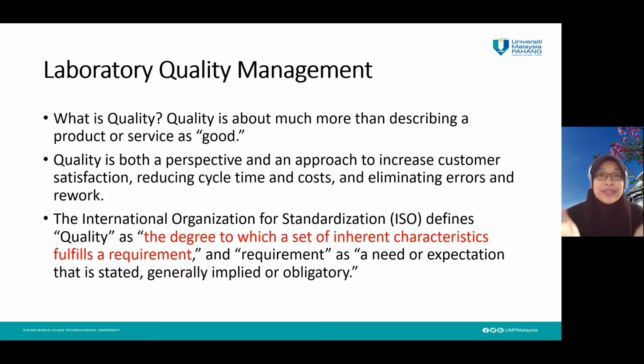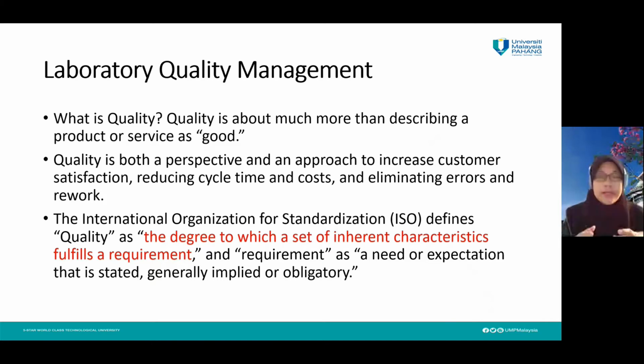And if we talk about service, contoh front desk kan, biasa kita pergi hotel ke, kita pergi mana-mana company akan ada front desk. Contoh saya bagi contoh senang, kita pergi check in hotel. There is a front desk. So when we talk about reducing cycle time, berapa cepat front desk entertains the customer, and what about the customer satisfaction?